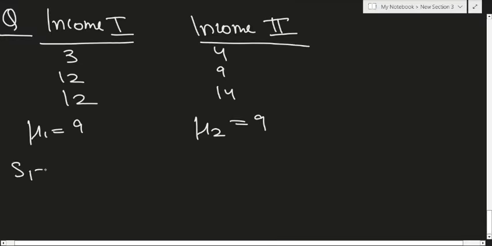Now we take S1 as the sum of all pairwise differences. Absolute differences we need.